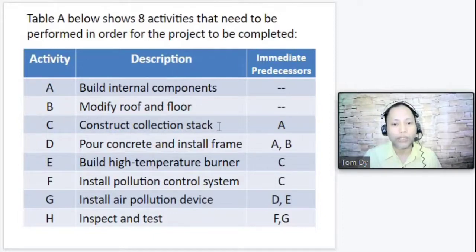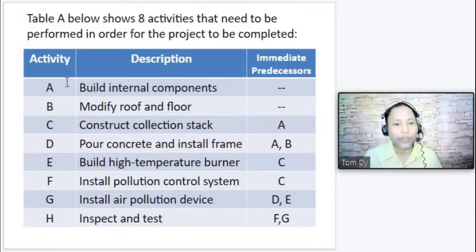C: construct collection stack. D: pour concrete and install frame. E: build high temperature burner. F: install pollution control system. G: install air pollution device. And H: inspect and test. These are the different activities needed to complete the project.